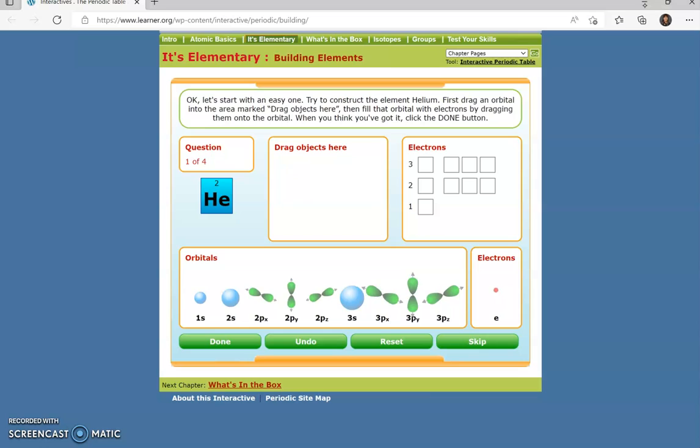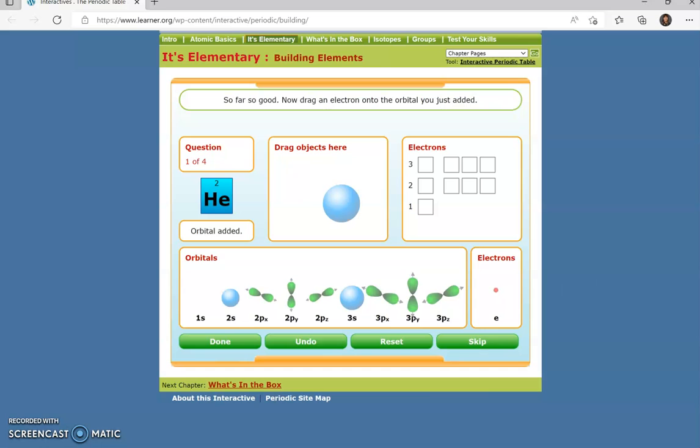So I'm going to start with helium, which is really simple. Helium has an atomic number of 2, so that means if this is neutral, it's going to have 2 electrons. So you always start with 1s, and then we have to add electrons into this before we can go up to the other levels.